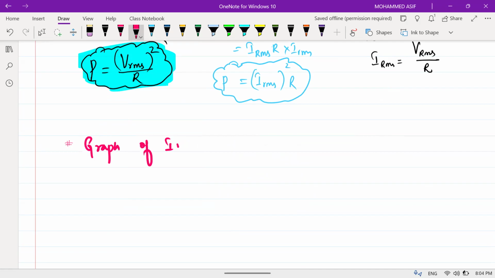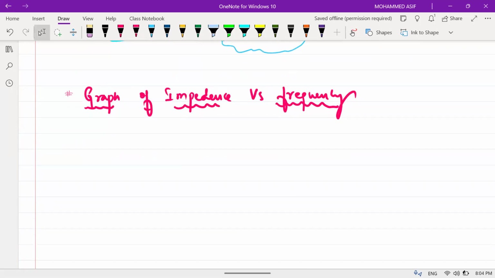Graph of impedance versus frequency. Just take this diagram. On the y-axis, we are taking impedance.